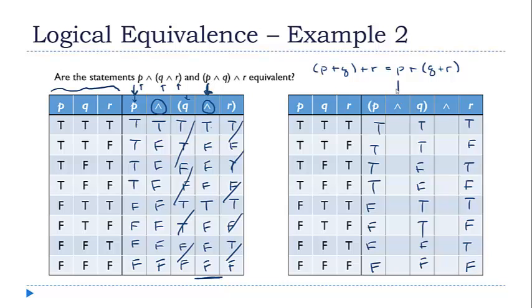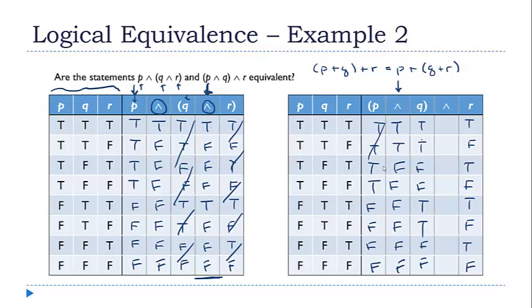Okay, so now I have to do the ands again, and I'm going to start with the parentheses. So this time that means I have to start over here in the second column, and I'm going to do the same thing. I'm going to look for all the rows that have true on both sides. So that's this one, and that's the only one. So everybody else is going to be false.